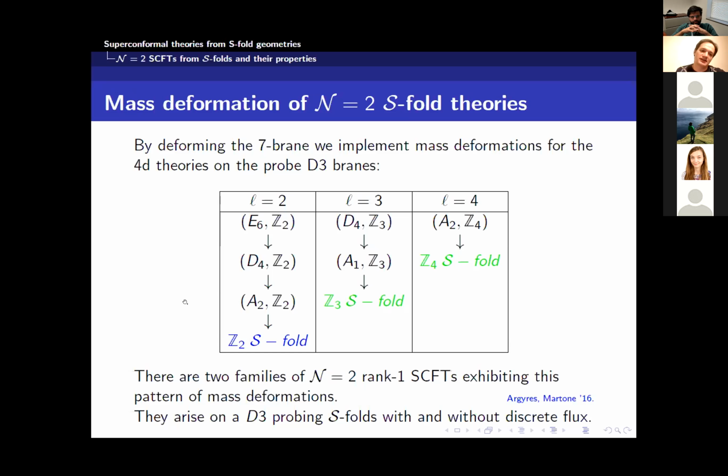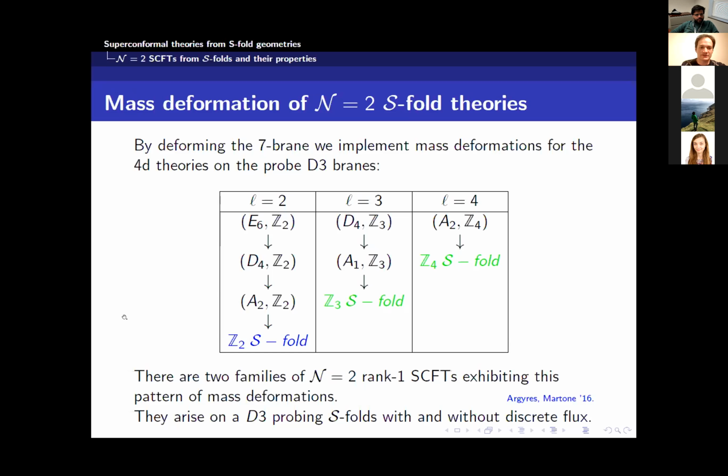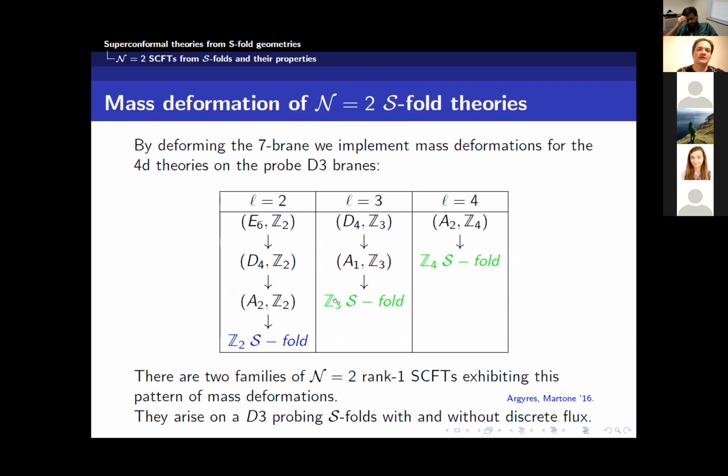We have seen that our geometries are organized according to this deformation pattern. And it's known that rank 1 CFTs are precisely organized in this way. There are two families which really produce exactly this mass deformation pattern. So we can easily match the field theory with the geometry.